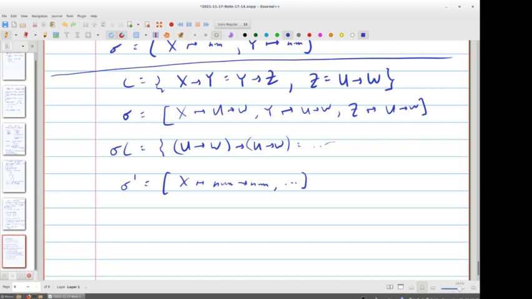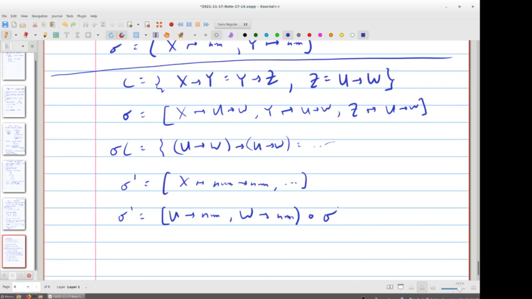So then sigma prime could be equal to what would it be? This one, a substitution that sends u and w both to num. After sigma, okay? So the idea is that first we map x, y, and z all to u arrow w, and then take u and w and map them to num.